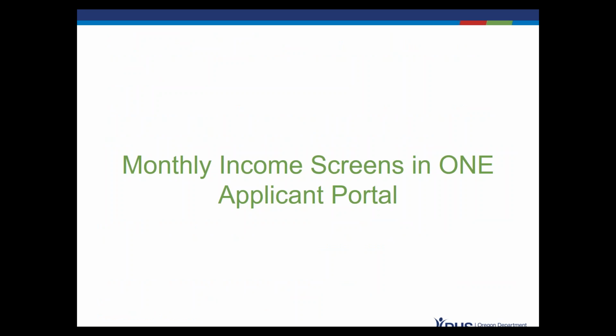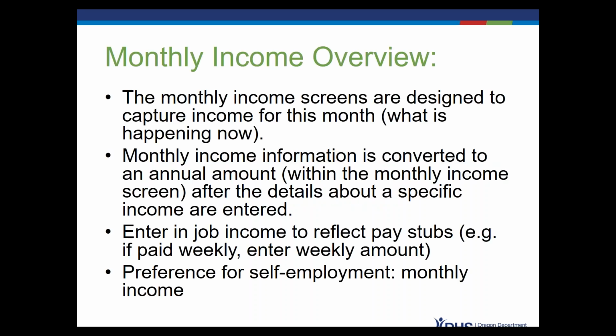So now we're going to look at all the income screens in One Applicant portal, starting with what we call the monthly income screens. And I'll be upfront, the monthly income screens as they currently stand and in the near future, they don't necessarily give you a monthly number, so it's a little bit of a misnomer. I like to think of it more as the what is happening right now screens.